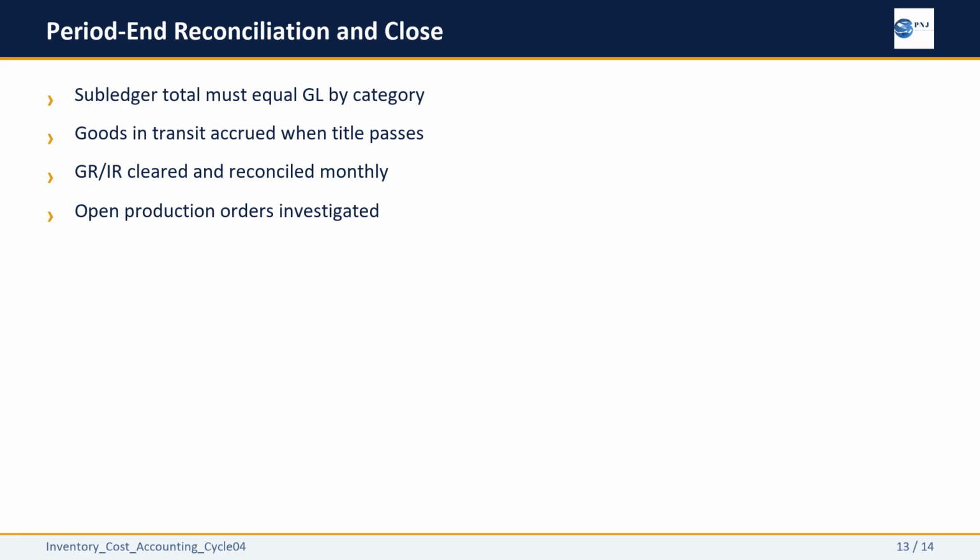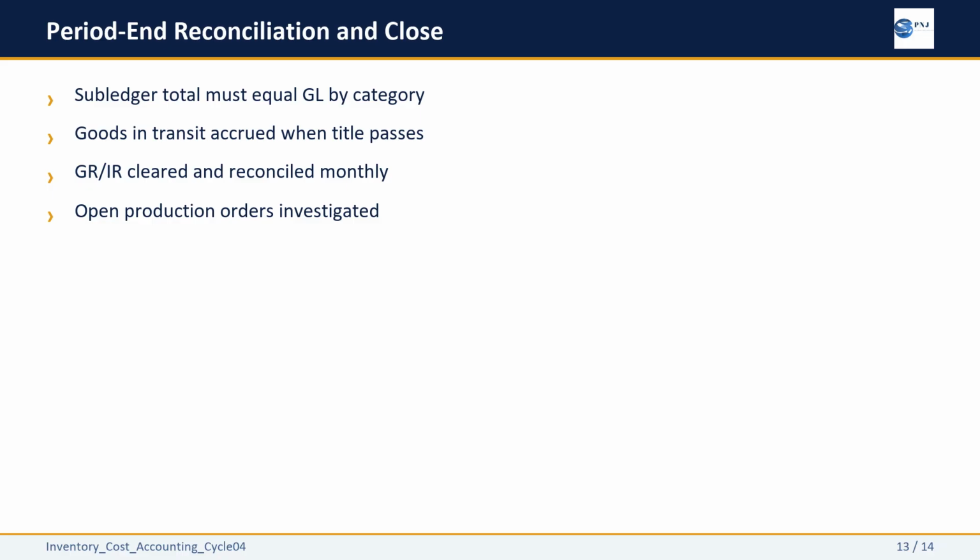The inventory subledger total must equal the GL by category, raw materials, WIP, and finished goods, and every difference is investigated and resolved. Goods in transit, where title has passed per Incoterms but the goods are not yet received, are accrued. Debit inventory in transit, credit accounts payable. Consignment is confirmed separately and stays off the consignee's balance sheet unless they own it.